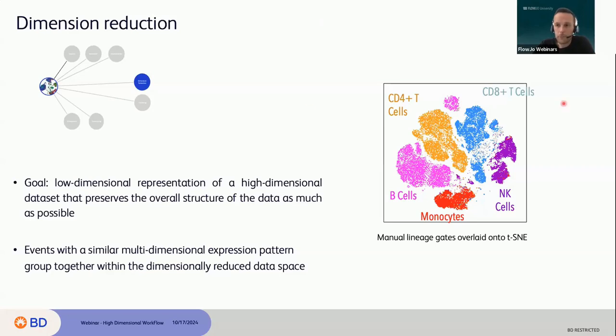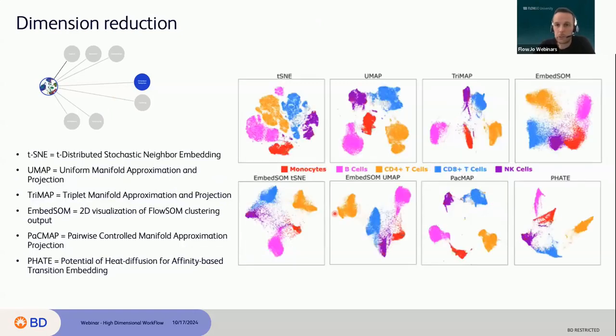All right, so back to dimensional reduction. Now that we understand what dimensional reduction is, let's look at the different dimensional reduction methods available in FlowJo. We have t-SNE available, we have UMAP, TriMAP, EmbedSOM, PaCMAP, and FATE.